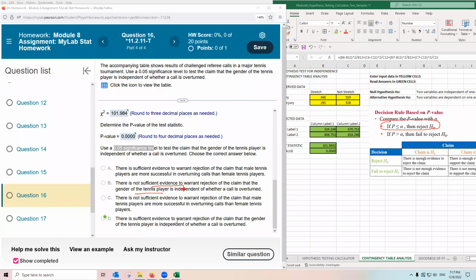So that means we can reject the claim that gender is independent of whether a call is overturned. Because we're rejecting the null, we say that warrants rejection. And we had to make sure that this null hypothesis referenced independence here.